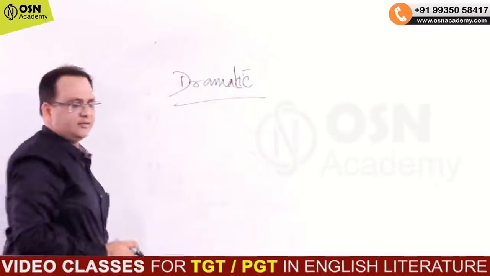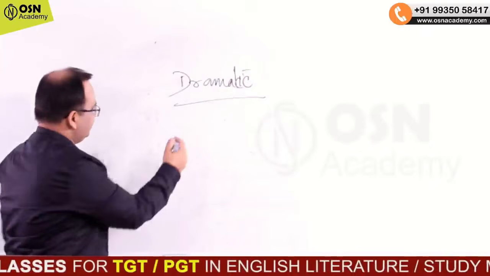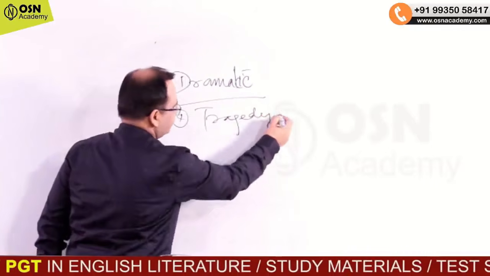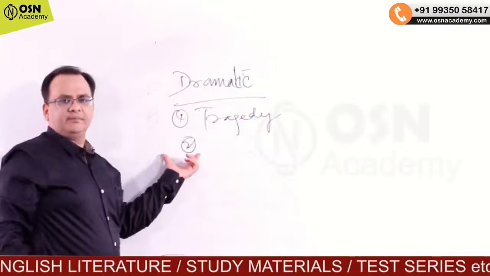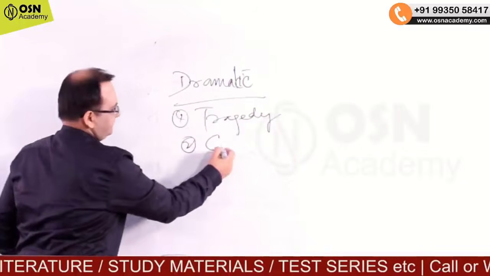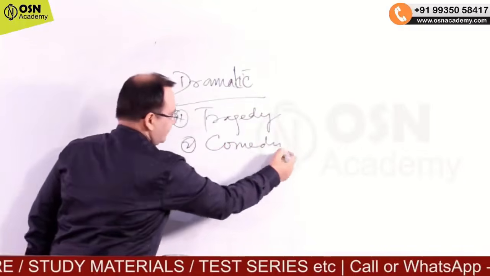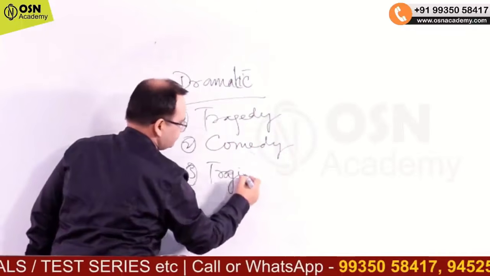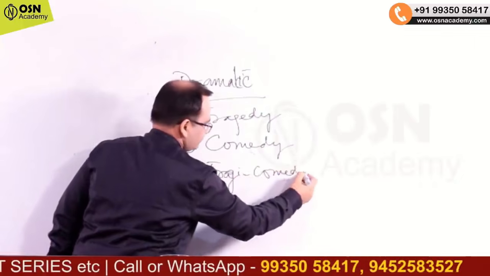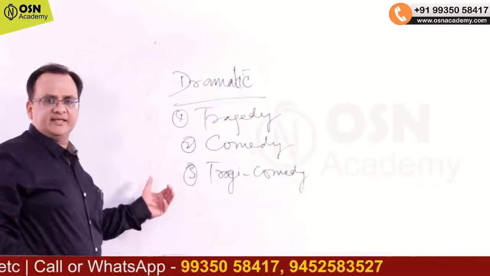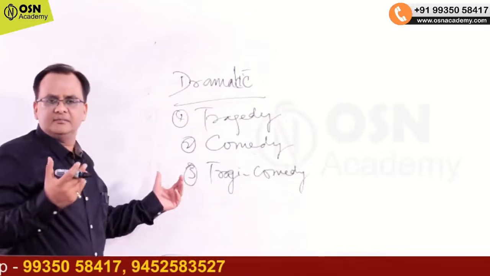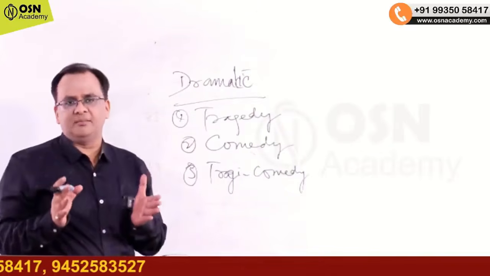अब dramatic के अंदर में क्या क्या आएगा स्टूडेंट्स? पहला आता है ट्रेजिडी, दूसरा आपको आता है कॉमेडी, थर्ड क्या आएगा? ट्रेजी कॉमेडी. सोचते जाइए और क्या आ सकता है? नेक्स्ट क्या आएगा? बता सकता है कोई? क्लोज्ड ड्रामा.